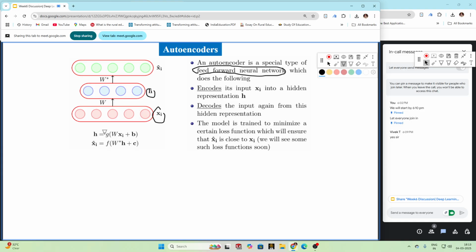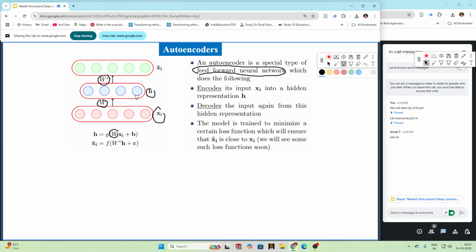Now, how are the neurons in the input layer, encoding layer, and decoding layer connected with each other? The inputs are connected by weights, similar to what we have seen in the feed forward network. The inputs are connected to the neurons of the next layer with the help of weights. The neurons of the input layer are connected to the neurons of the encoding layer by a weight W. The neurons of the encoding layer are connected to the neurons of the decoding layer with a weight known as W star.